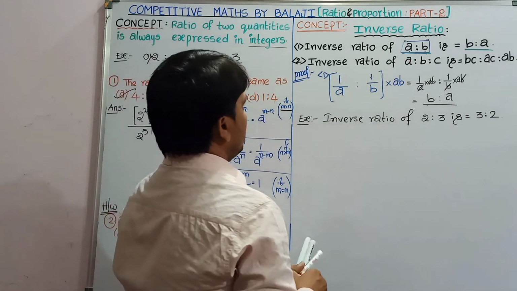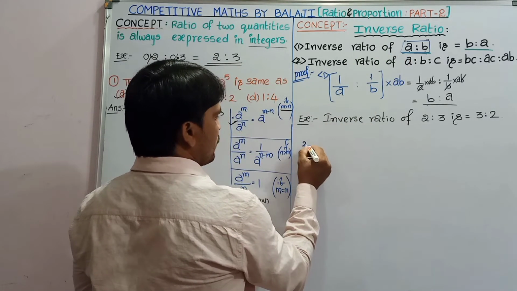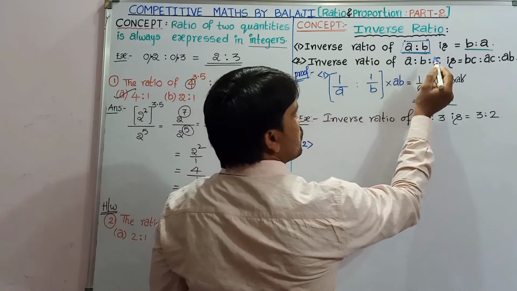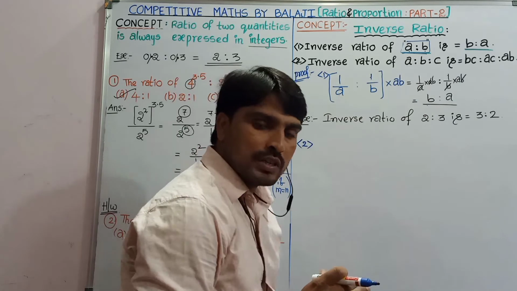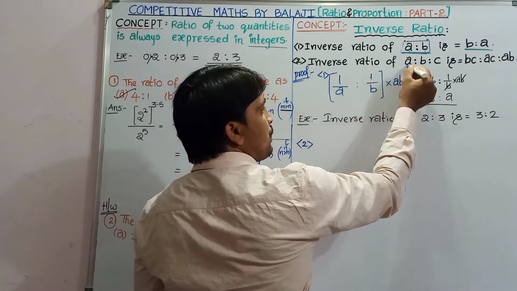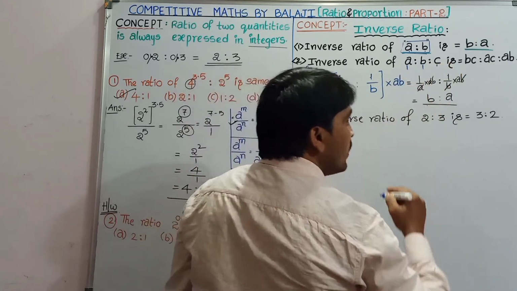Okay. The second one, proof of the second one. Inverse ratio of A is to B is to C. To get the inverse ratio of A is to B is to C, we have to write the reciprocal of each term of the ratio.